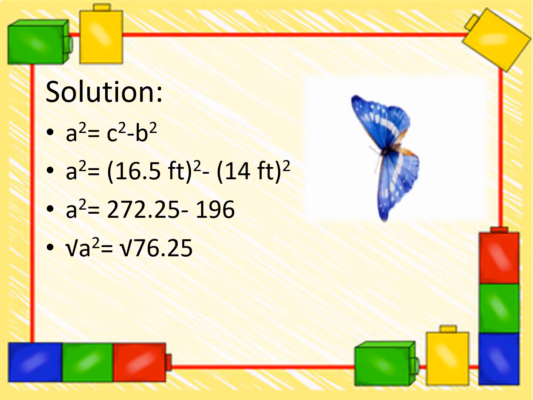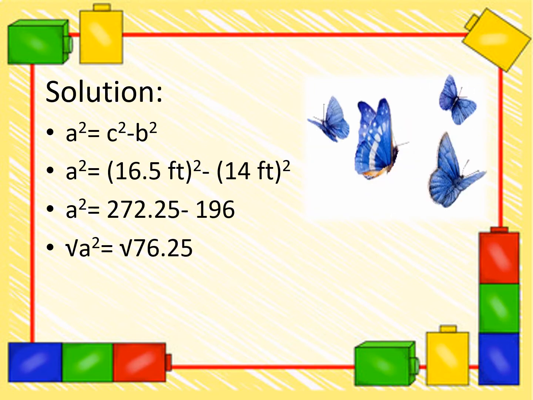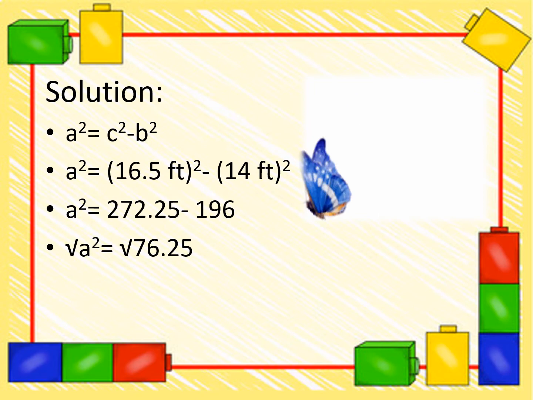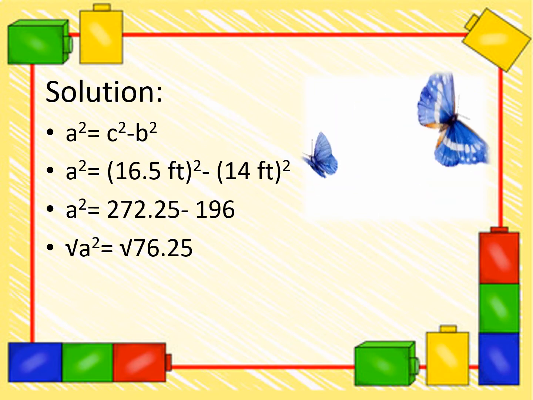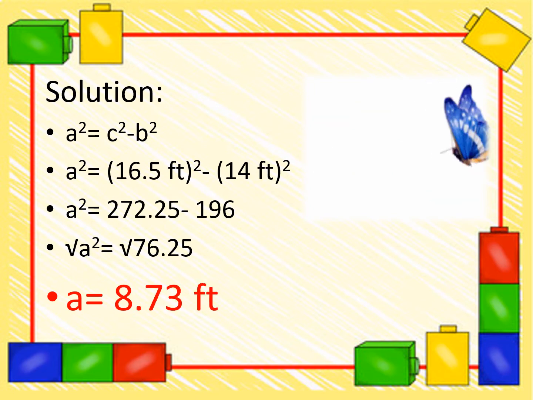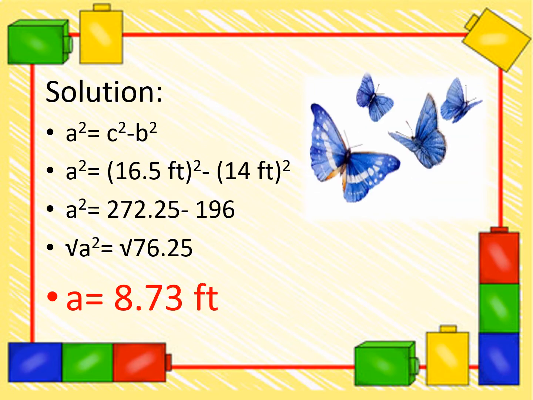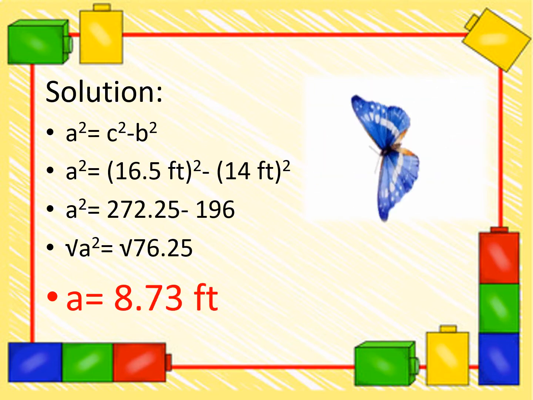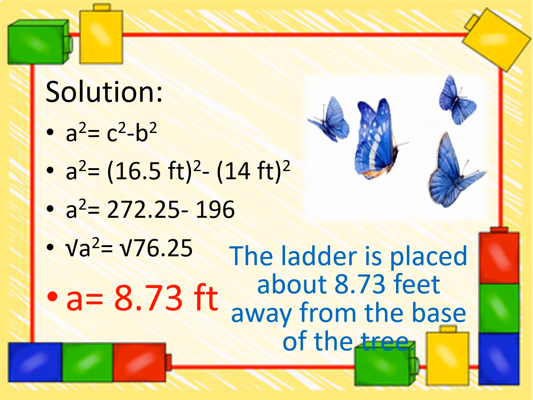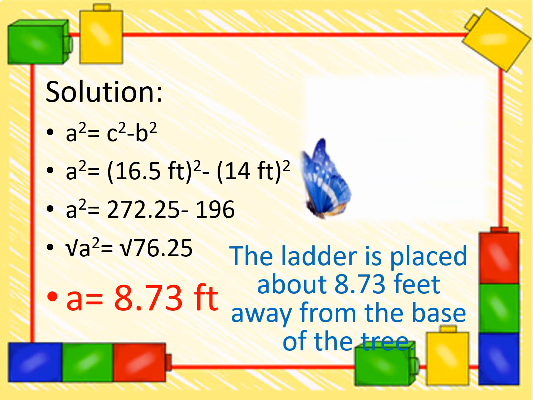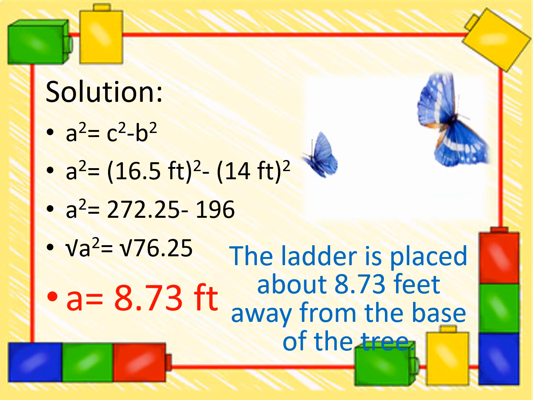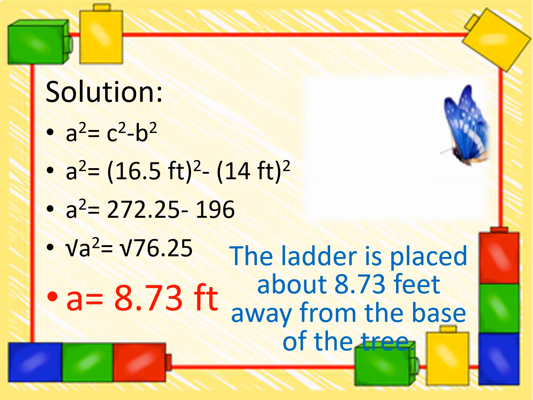So a squared is 76.25. Taking the square root, the answer is a equals 8.73 feet. The ladder is placed about 8.73 feet away from the base of the tree. That is the answer.